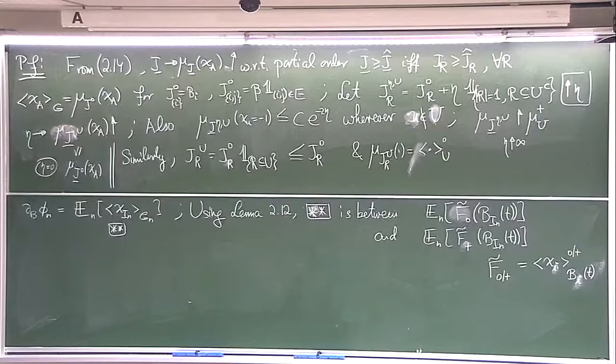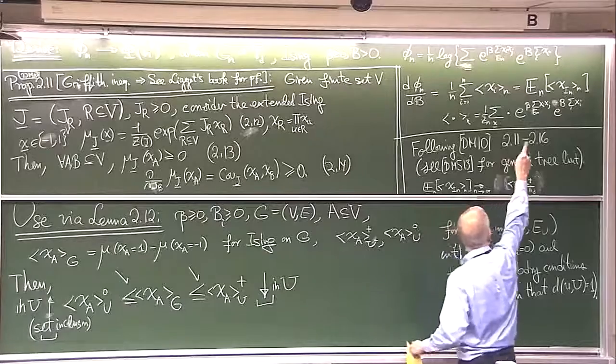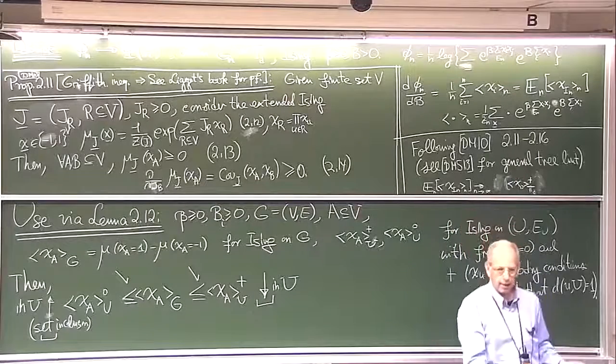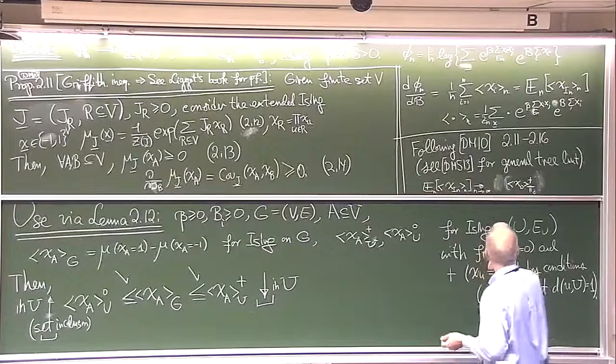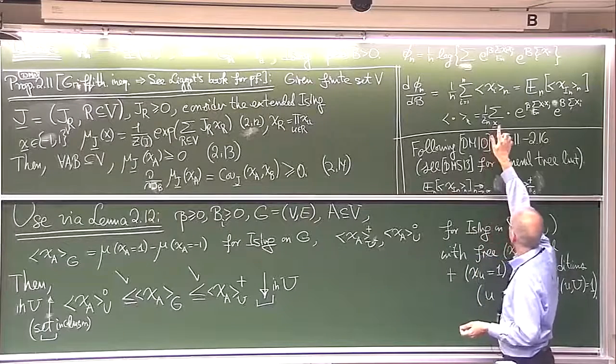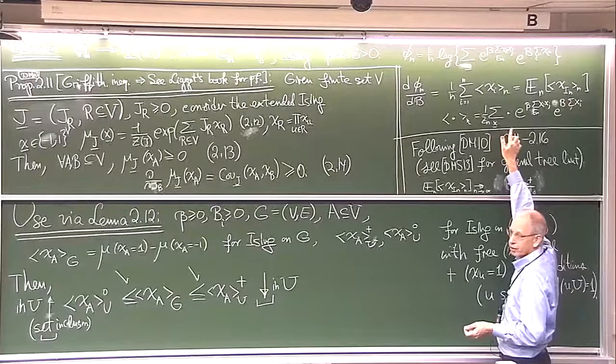So what did I do? Remember, the choice of I is done separately. I do an average over I, but once I fix the I, what I'm supposed to do is to calculate X_I, the magnetization at point I in the graph Gn.